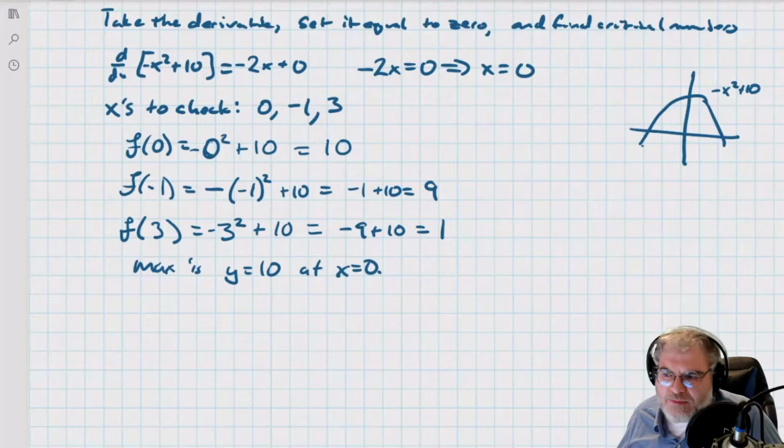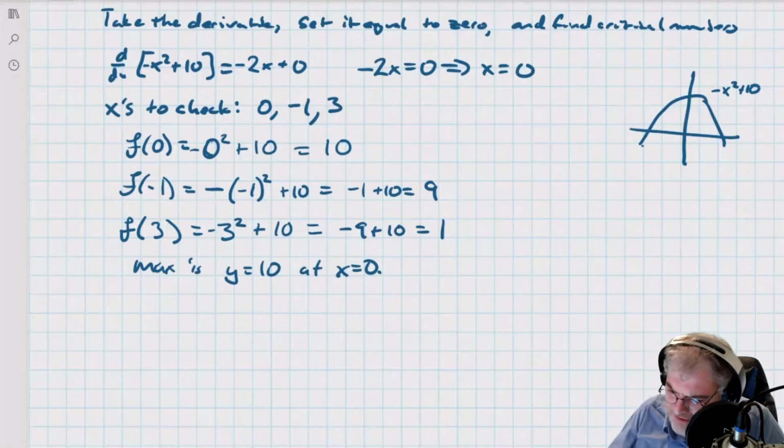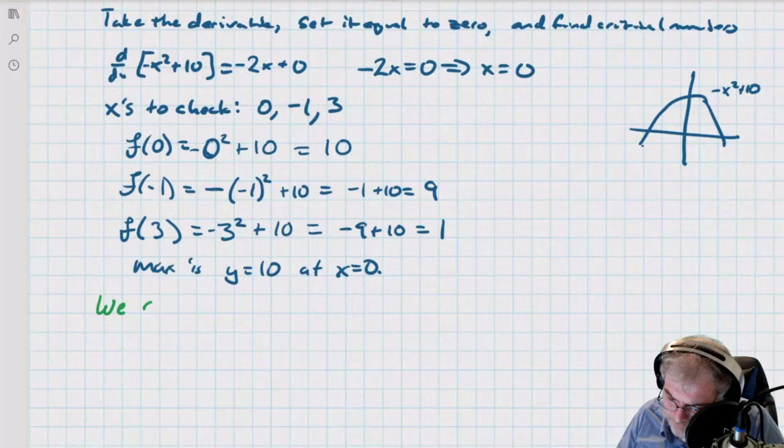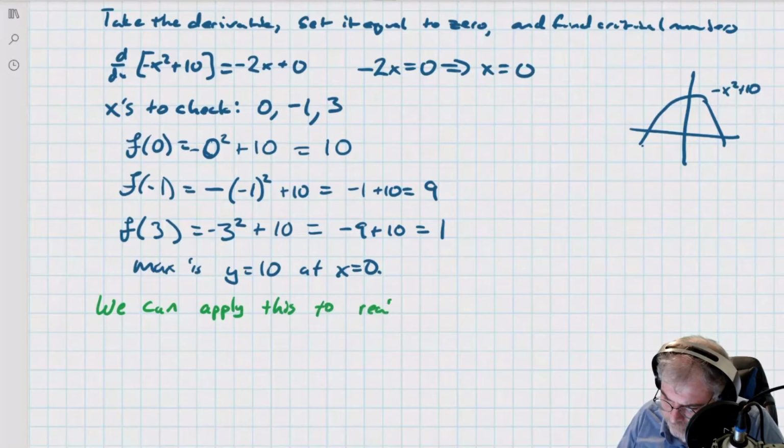It's really two variable optimization, but what we're doing is solving for one of the variables. So we can apply this method to real world problems, and the trick is to set up the equation.